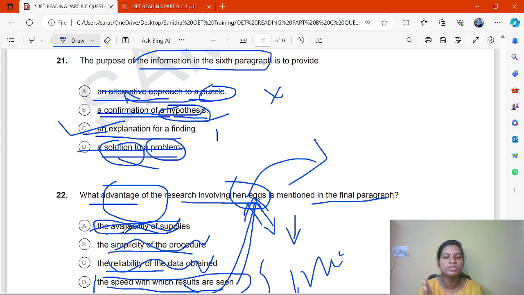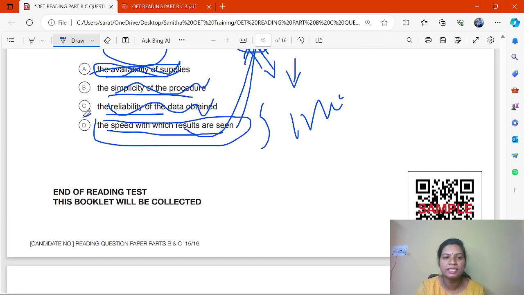The speed means they used hen eggs, a different method used for research, and they got the result within a limited period of time. That is the advantage they are mentioning with the hen eggs in this passage. Okay, are you getting my point? Then what is the answer? The speed with which results are seen. Then D is the answer.